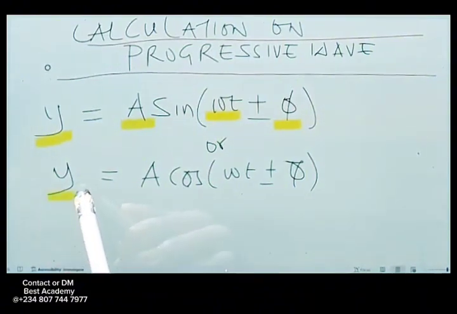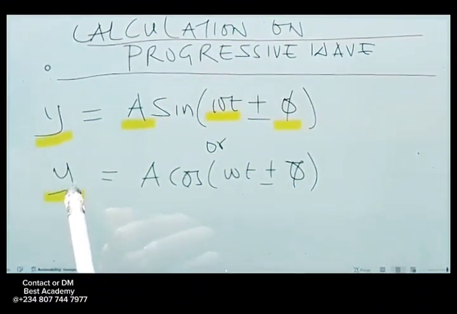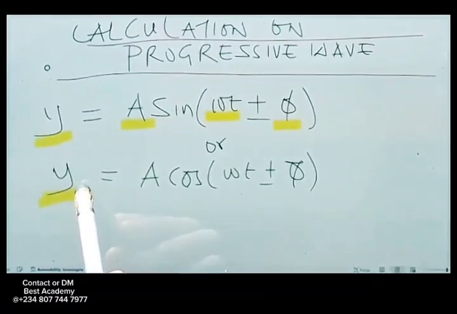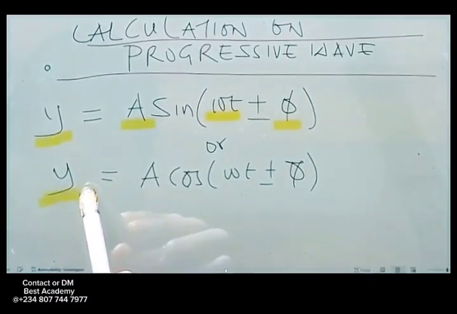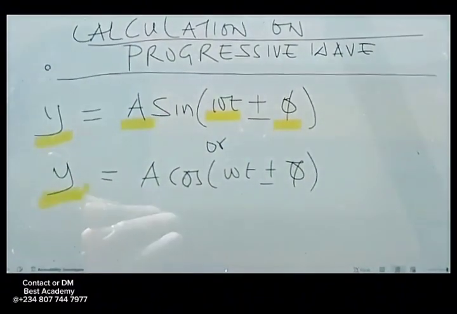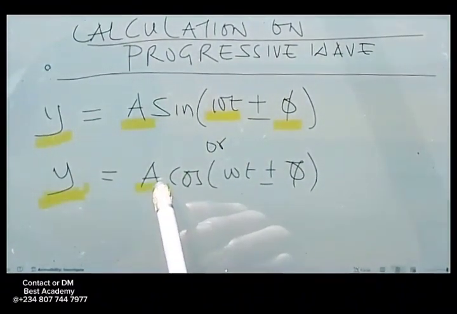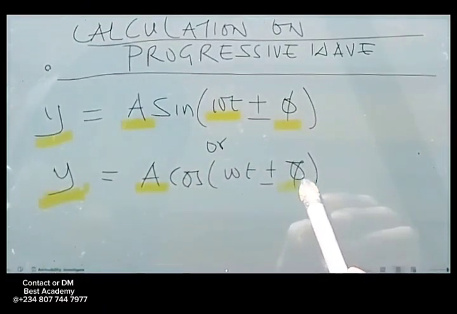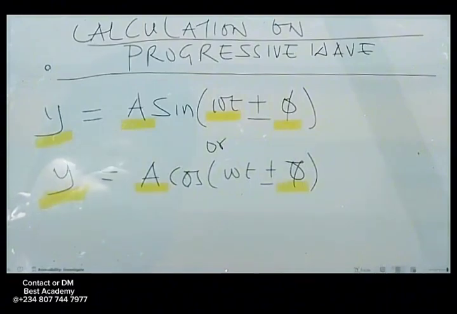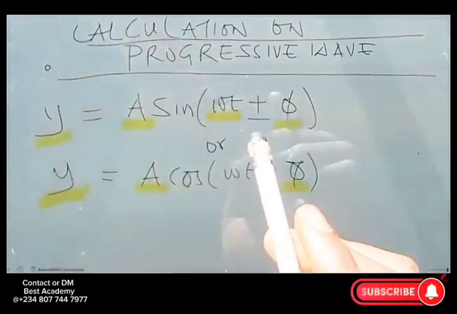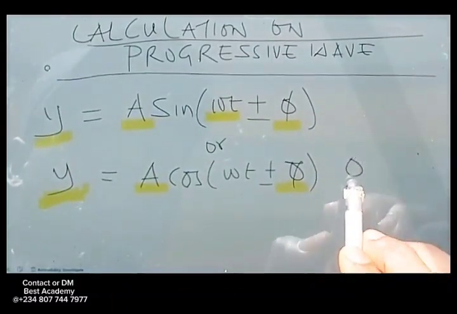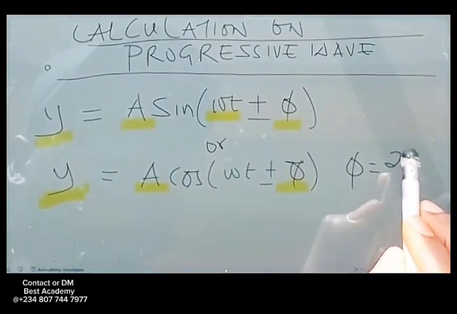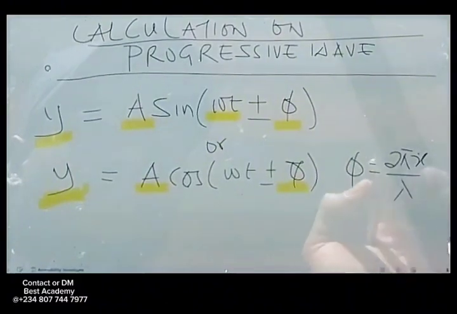Displacement can change depending on the variable, but anything in this position in the progressive wave equation is displacement. Anything in this position is amplitude, while this is the phase angle, and the phase angle is equal to 2 pi s over lambda. Please take note of this.